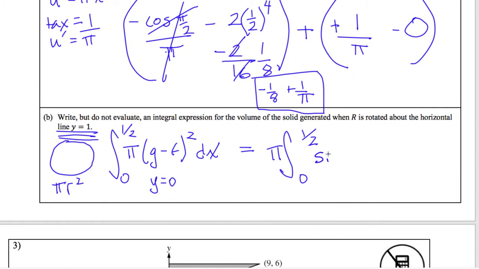So sine of pi x, all of that minus whatever I'm rotating around. If it's minus a negative, it's a double negative. If it's minus 1, it's just minus 1. And then I'm going to subtract f. F was 8x cubed minus 1. And then all of this entire quantity squared dx.